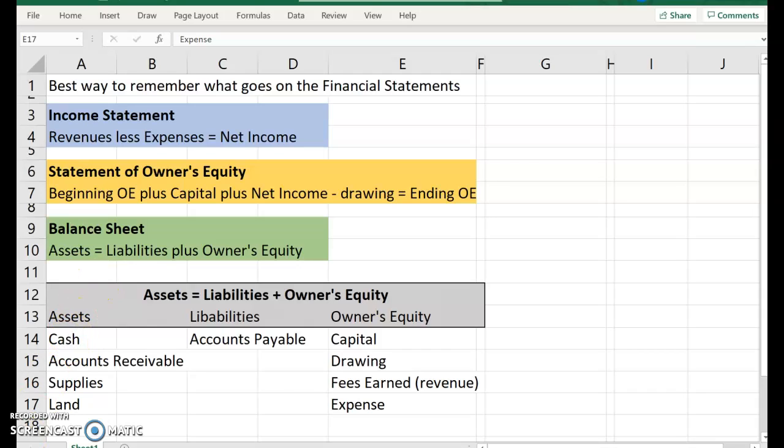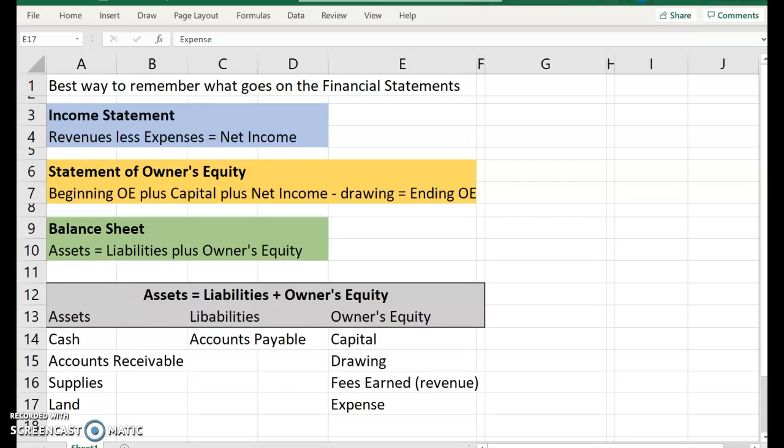If I buy gasoline for my car, it's still going to help me earn revenue because I have to have gas to drive to my client's office. But I'm going to use it up within a period, so it is going to be an expense. So that is how you tell the difference between an asset and an expense.